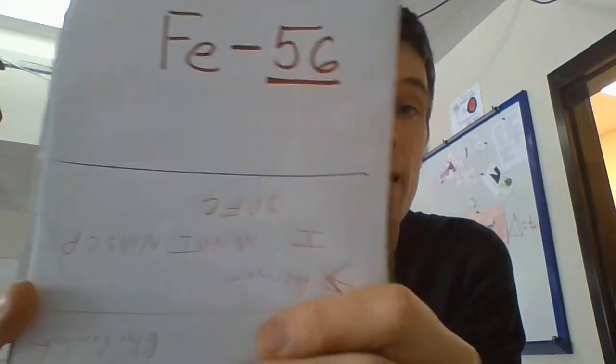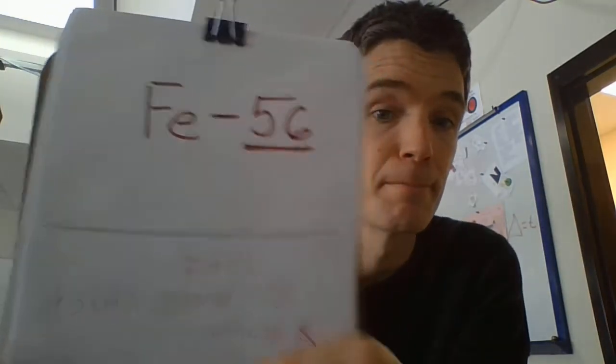Okay, a mass number is the number of protons and neutrons for any specific atom. Fe-56.